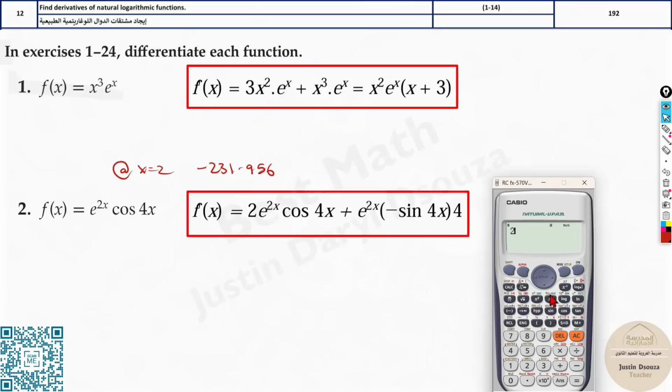This one over here, 2e to the power 2x multiplied by cosine 4x, close the bracket, plus e to the power 2x multiplied by minus sine 4x multiplied by 4.